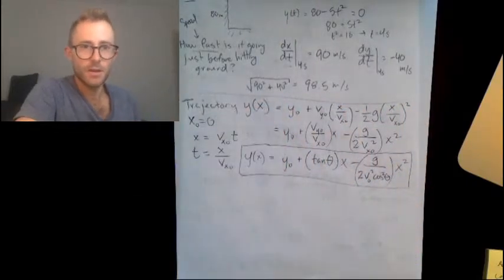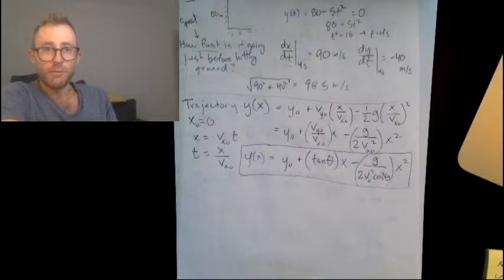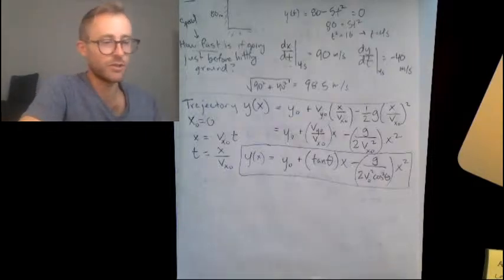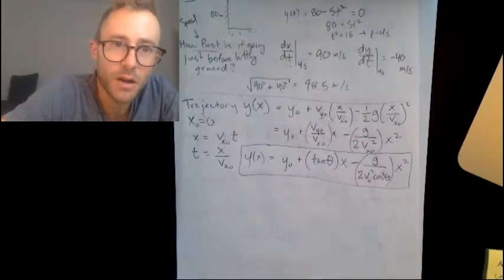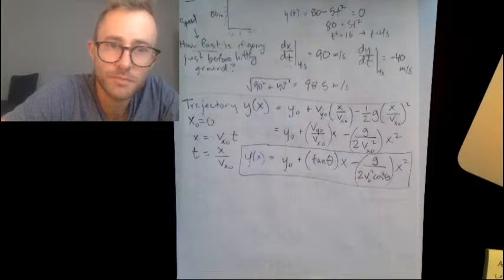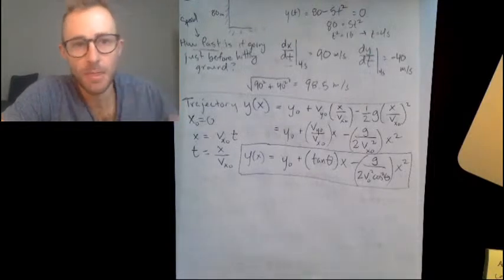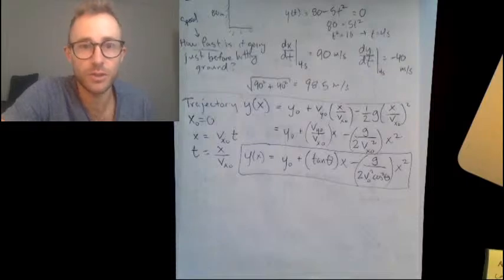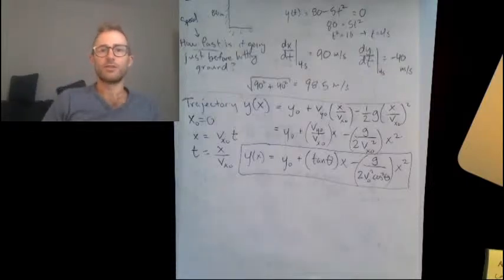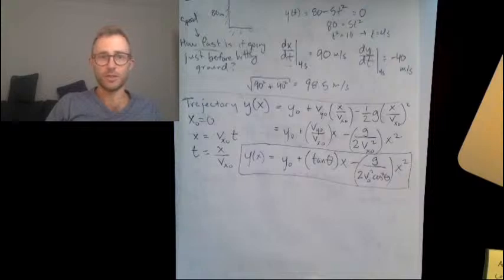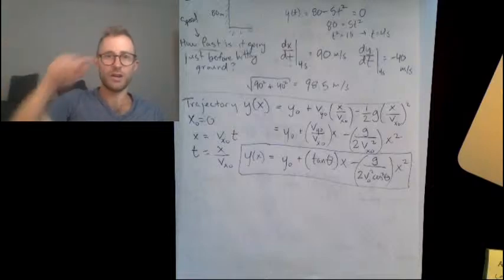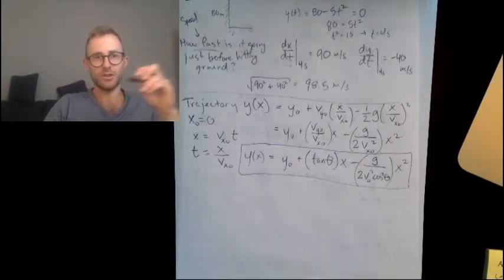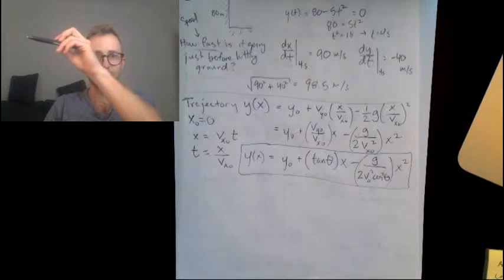This is the trajectory for projectile motion. The trajectory is completely general. Anytime you have motion, it doesn't necessarily have to be projectile motion, you could have a trajectory. The other thing about trajectory is it's not necessarily a function. You know how functions have to satisfy the vertical line test, but you could have a trajectory where something goes out and then it curls around and comes back.